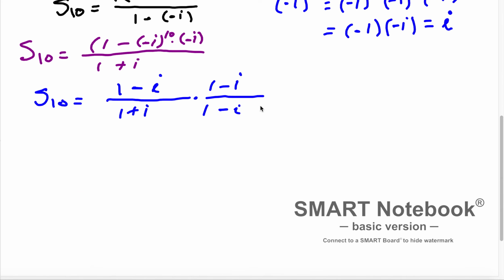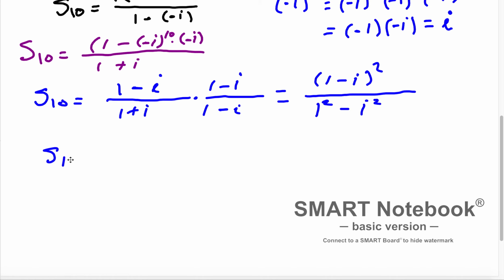Let's see what we get. Multiplying everything, in the numerator 1 minus i times 1 minus i is (1 minus i) squared, and in the denominator 1 plus i times 1 minus i is 1 squared minus i squared.